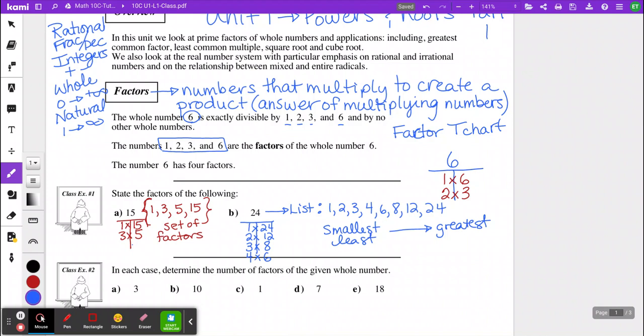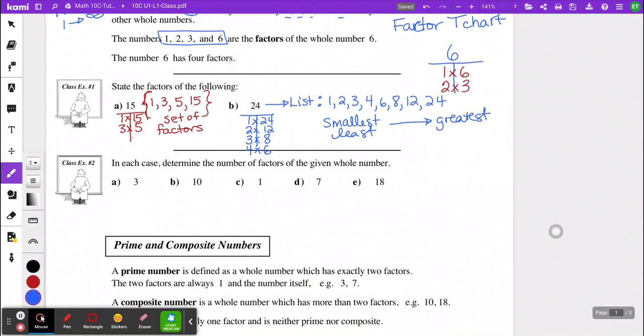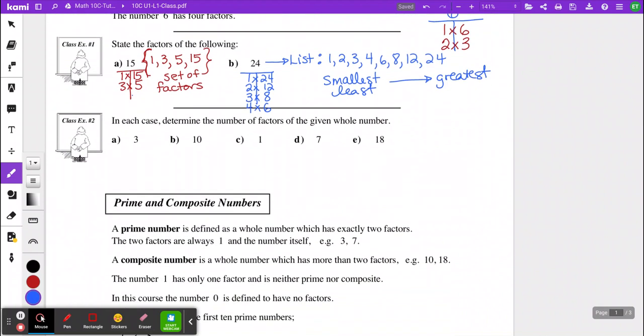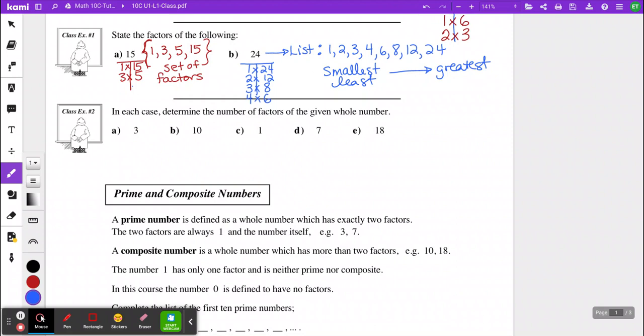All right, let's take a look at the next example. So it says in each case, determine the number of factors that are given for each whole number. Well, again, all we're going to do is a factor T-chart. So a factor T-chart with 3, 1 times 3, your factors are 1 and 3. 10, we have 1 times 10, 2 times 5.